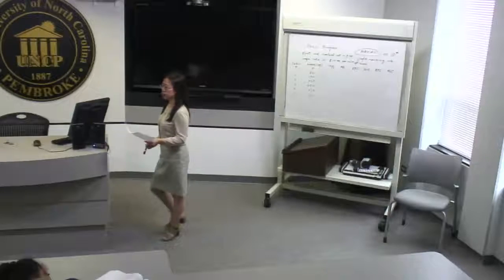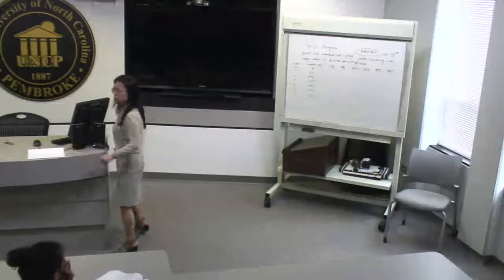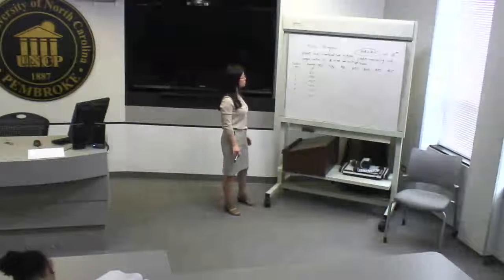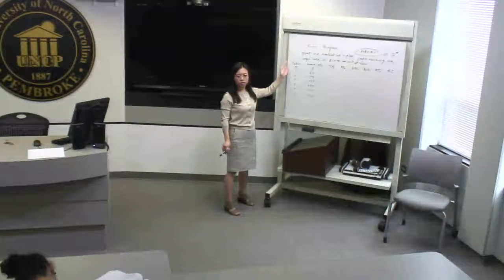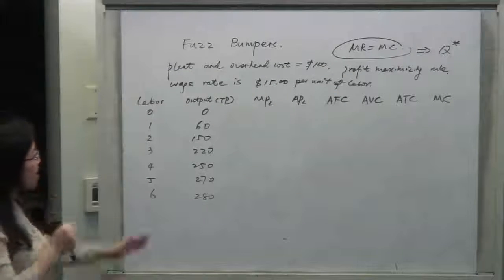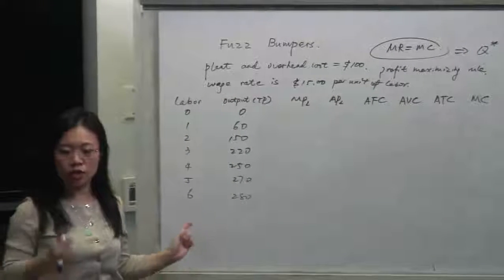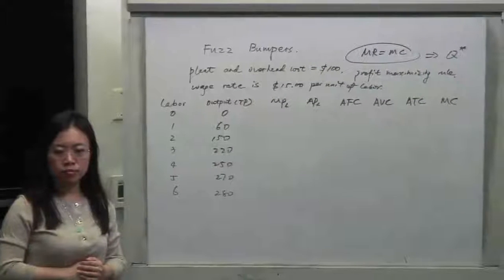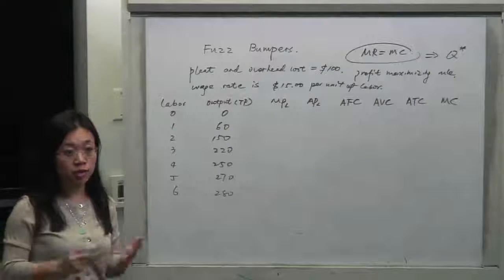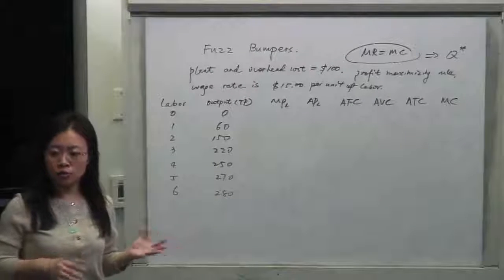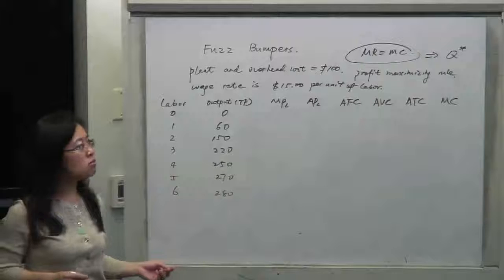In this table here, you are given the labor units. This is input, right? Input level. And this is output level. So you're given the input and output level. So in a sense, you're given the production function. So you know what it's like between output and input labor.